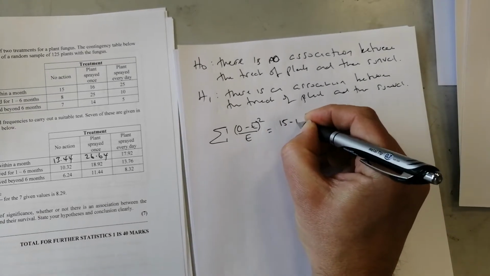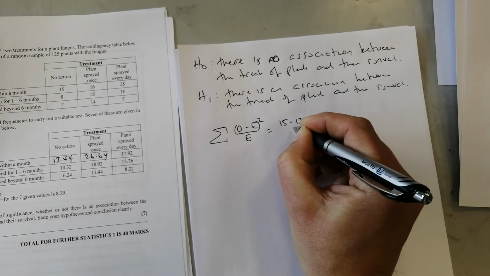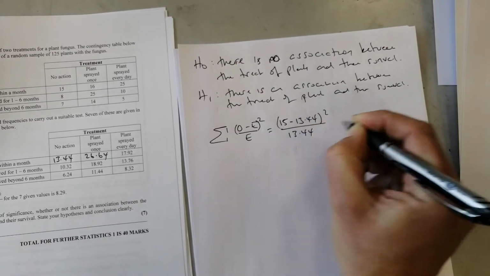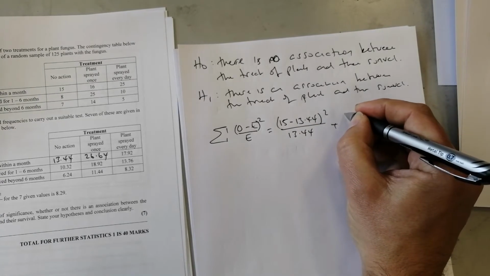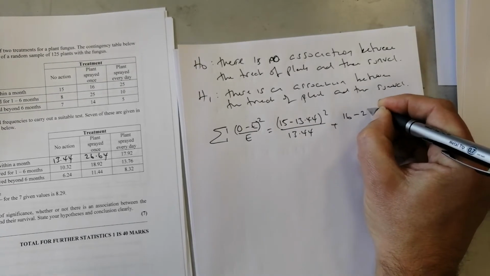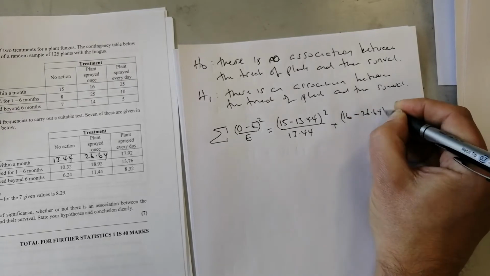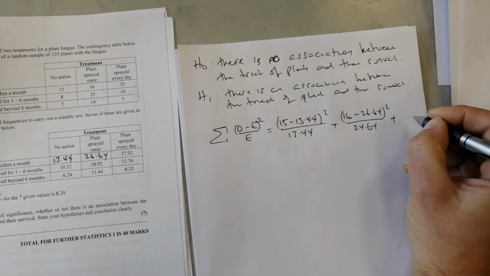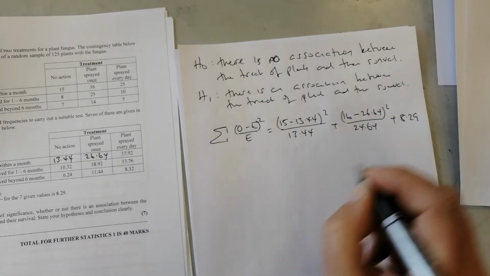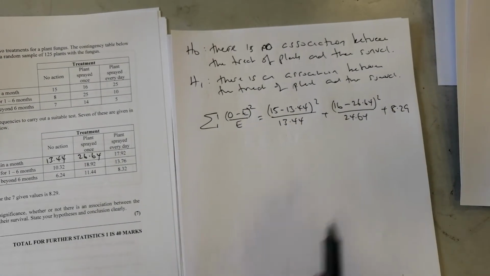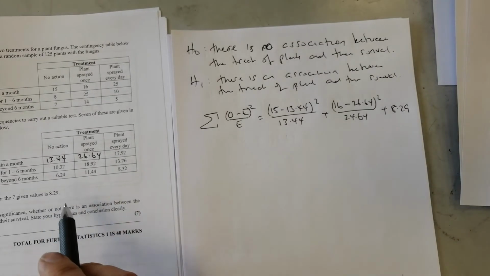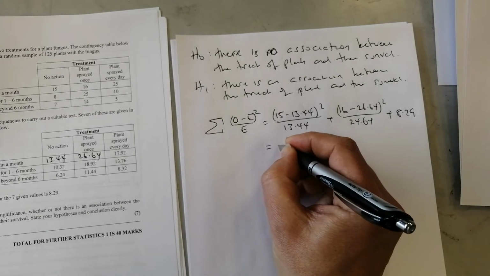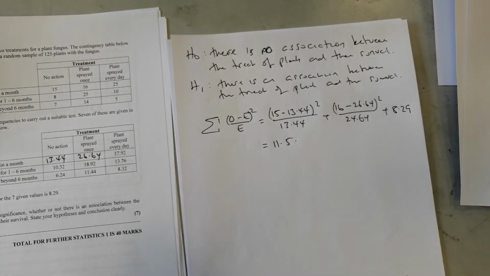So observed minus expected squared over the expected, plus observed minus the expected squared over the expected, plus the rest of them. Don't work it out again. It's a waste of time and effort. It's 8.29. It says it. Don't spend the time doing a sum you don't have to. That works out to be 11.5.